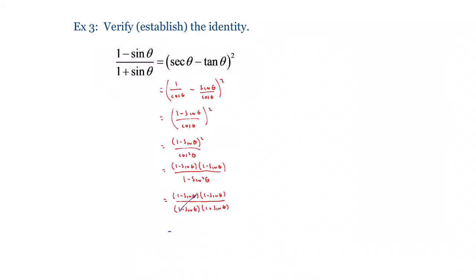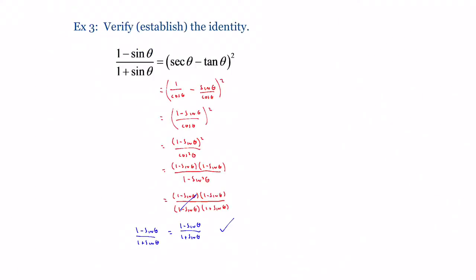So these will cancel, and you'll be left with 1 minus sine of theta divided by 1 plus sine of theta. And so therefore, once again, we have established or proved that the original 1 minus sine of theta divided by 1 plus sine of theta is equivalent to the quantity secant of theta minus tangent of theta squared.